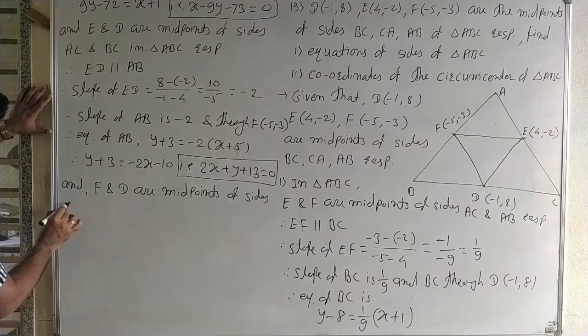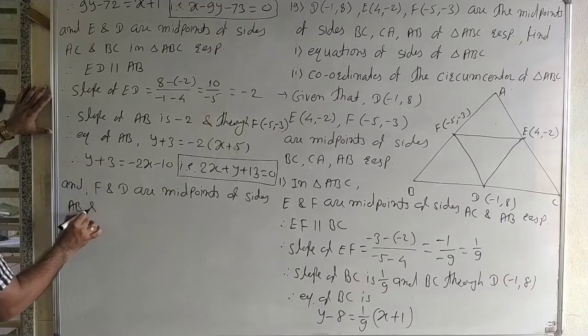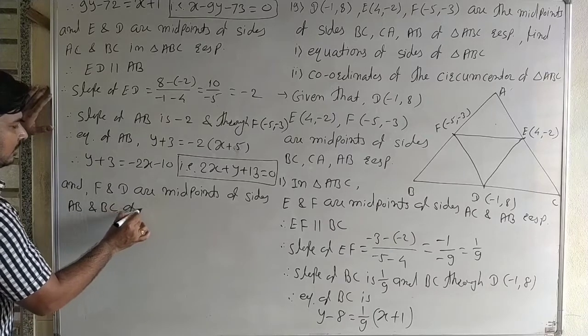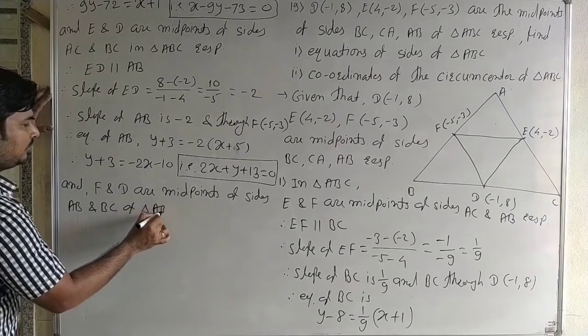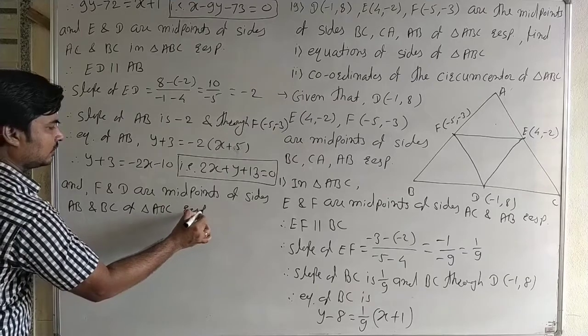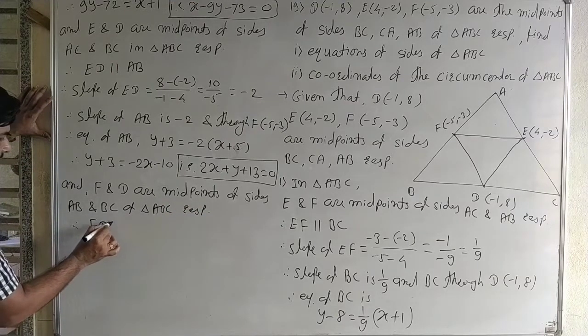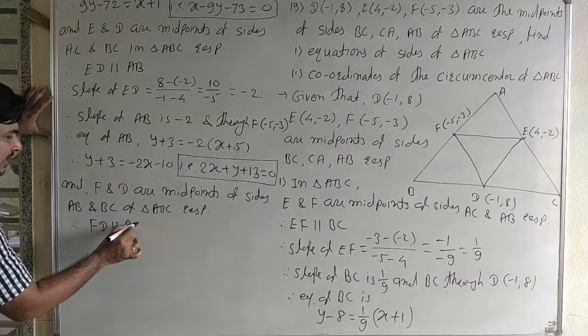F is a midpoint of AB, and D is midpoint of BC of triangle ABC respectively. Therefore, FD is parallel to the third side, that is AC.